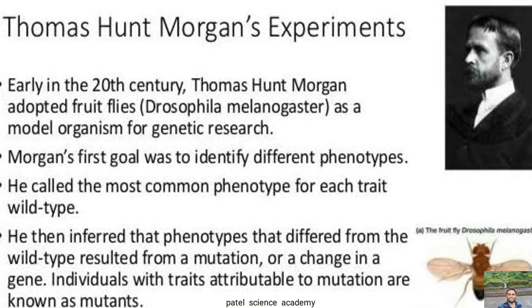He then inferred that phenotypes that differ from the wild type resulted from a mutation, or a change in the gene. Individuals with a trait attributable to mutation are known as mutants.